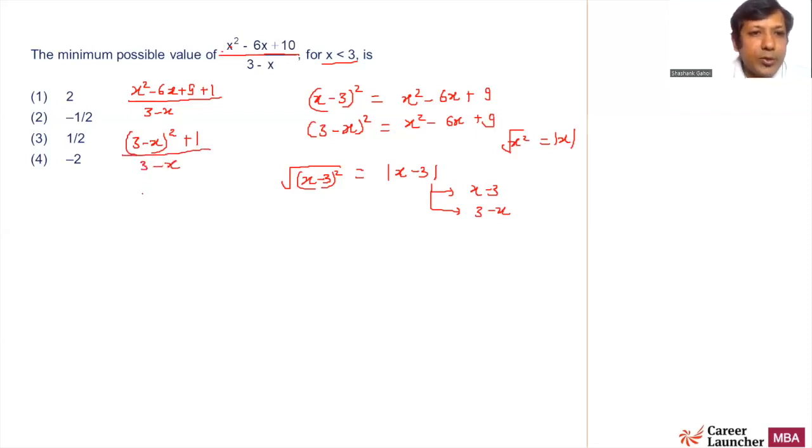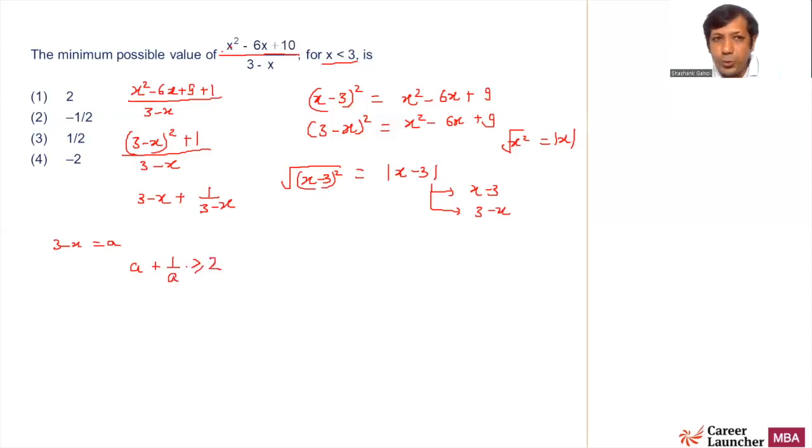Now here, I get (3 - x) plus 1 upon (3 - x). Now let's say 3 minus x equal to a. So I get a plus 1 upon a. Now, if a is positive, this value is always going to be greater than or equal to 2. So what is the minimum possible value of this? That's going to be 2, or I can say option 1.